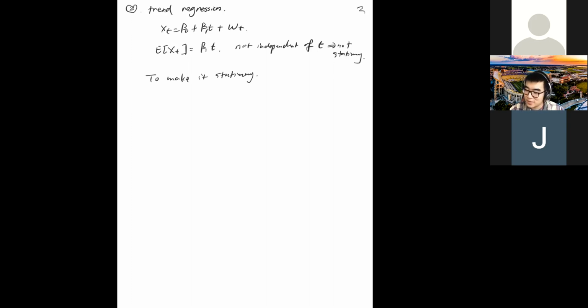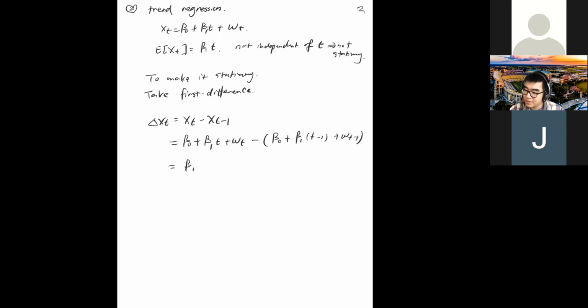So delta x_t is equal to x_t minus x_{t-1}, which is equal to beta_0 plus beta_1 t plus w_t minus beta_0 plus beta_1 (t minus 1) plus w_{t-1}. That is equal to beta_1 plus w_t minus w_{t-1}. Both of these are white noise, and this is a constant.